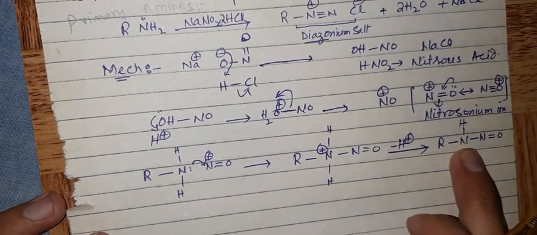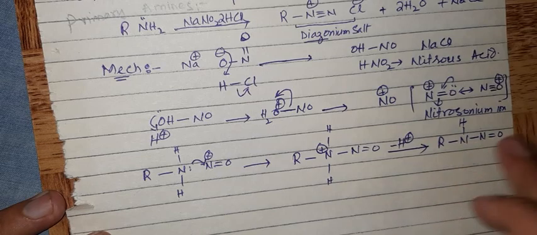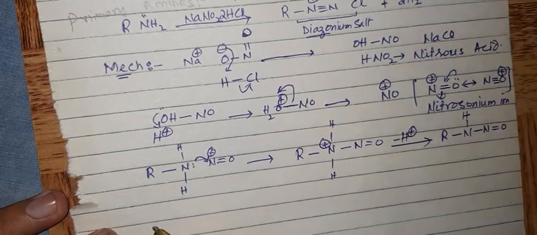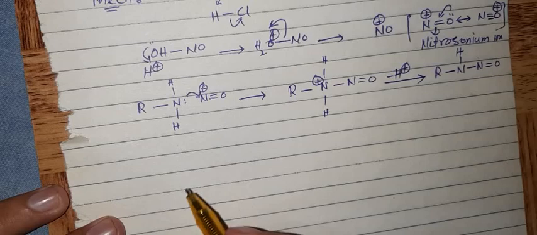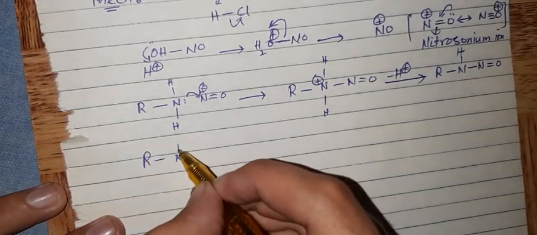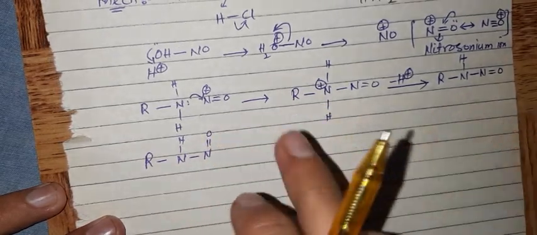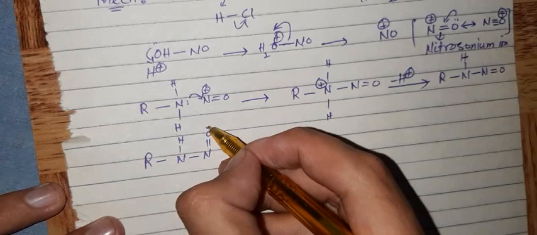After this, this species will rearrange and a proton shift will take place like this. The rearrangement takes place easily; we just rearrange it for our convenience.